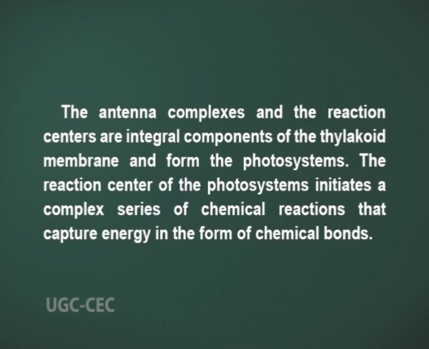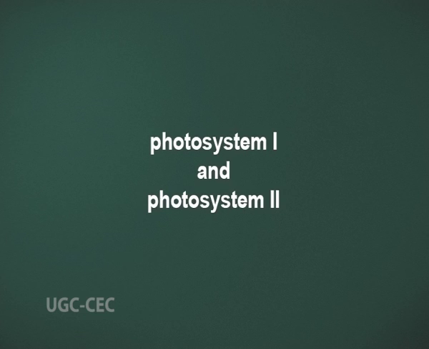The reaction center of the photosystem initiates a complex series of chemical reactions that capture energy in the form of chemical bonds. Plants and some photosynthetic prokaryotes have two reaction centers, photosystem 1 and photosystem 2, that function in series. The two photosystems are spatially separated.